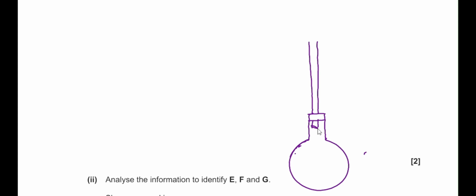Okay, let's say that's for adding the liquid mixture, and we should have a funnel here to add liquids. And then we should have a Liebig's condenser here with inlet as well as outlet.